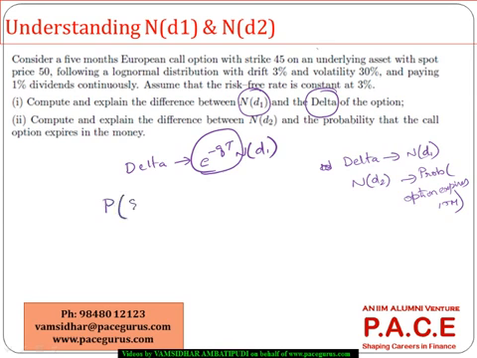So whenever we are talking of the probability that a call option is expiring in the money, we want to find out the probability that ST is greater than K.